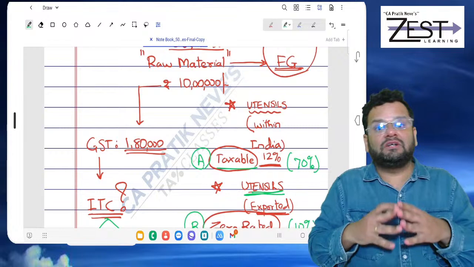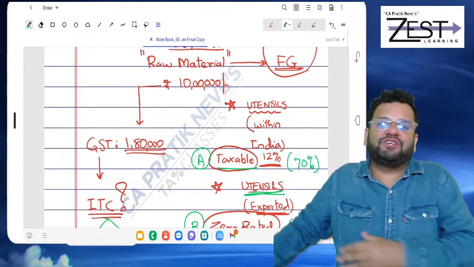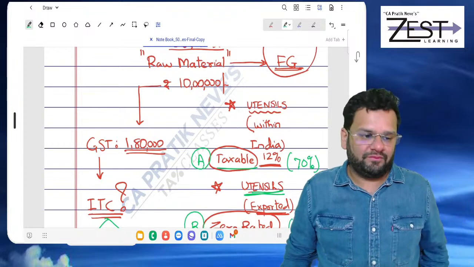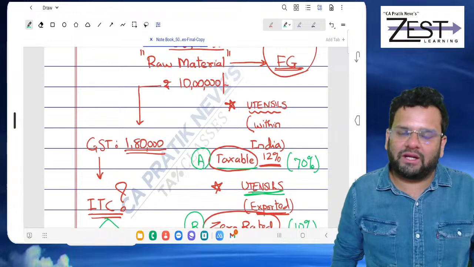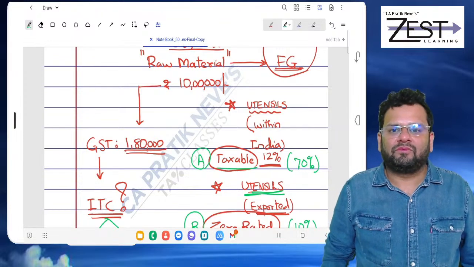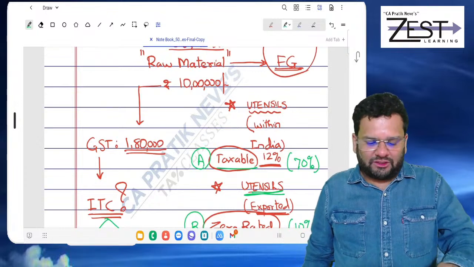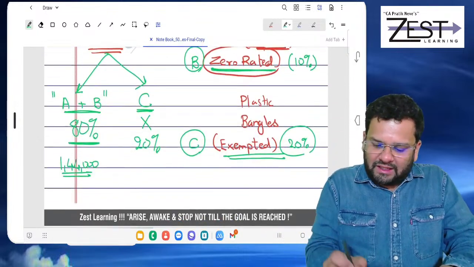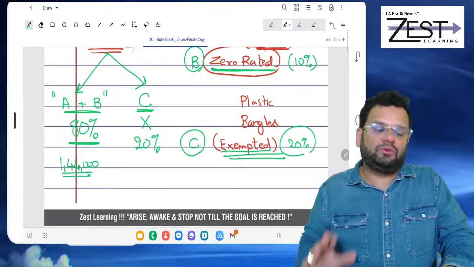Suppose I was using raw material totally for manufacturing finished goods which were exempted. Would I have got ITC? Of course, no. So that's what is happening. To the extent I am using it for exempt supply, ITC is not allowed.